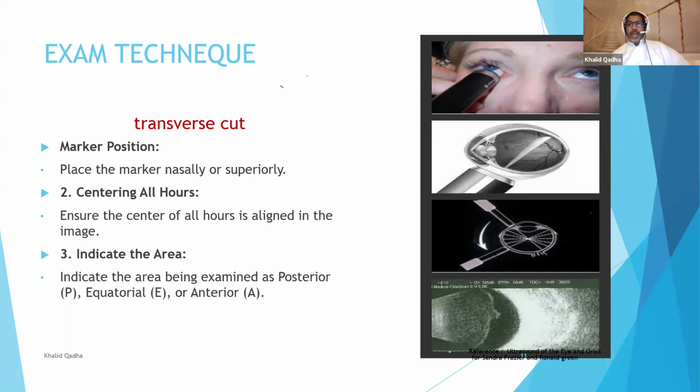If you want to examine nasal or temporal, then the marker should be in the superior part. Centering the hours we are looking for, we also try to center the pathology when we find it. Indicate the area you are examining by P for posterior, E for equator, A for anterior.